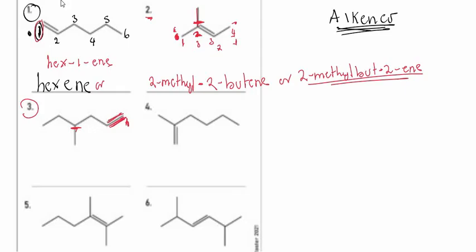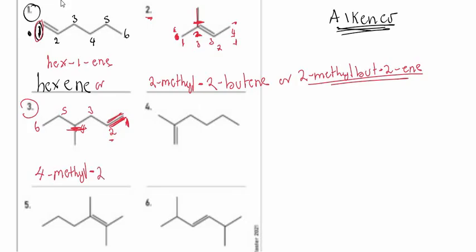So meaning that this will be my 1, this is my 2, this is my 3, this is my 4, this is my 5, this is my 6, like that. So your name now will be 4-methyl. This part here is methyl. Then the double bond is at 2.